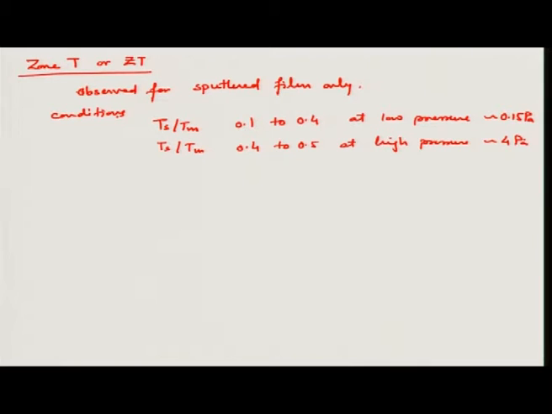So, these are the conditions for zone T morphology to be observed. And it can be in between, so you need to have an idea about which kind of zone you will have if your conditions are somewhere in between.